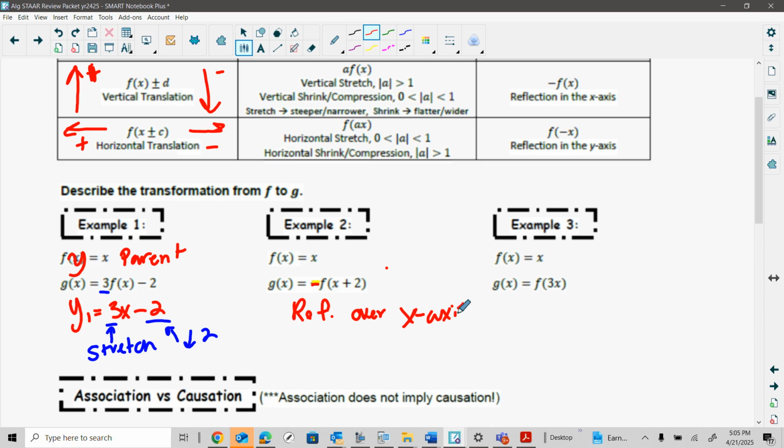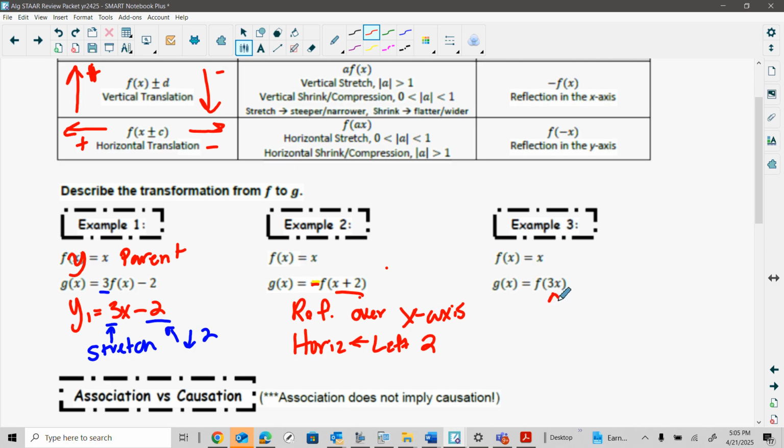And then the other thing I see is this +2 inside, which means I'm going to do a horizontal shift to the left, left 2 units.